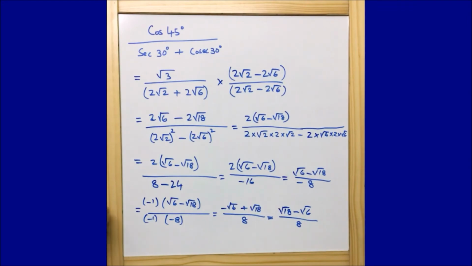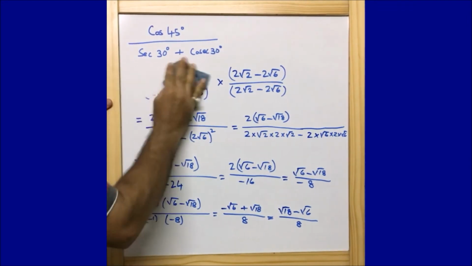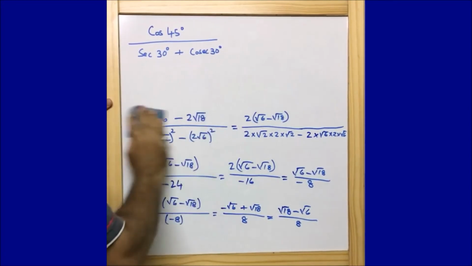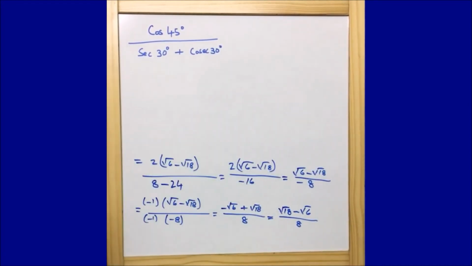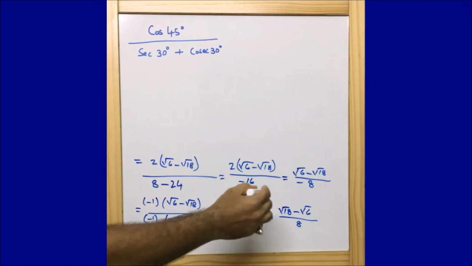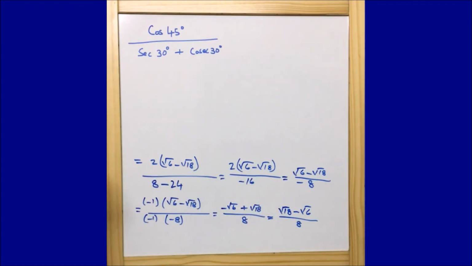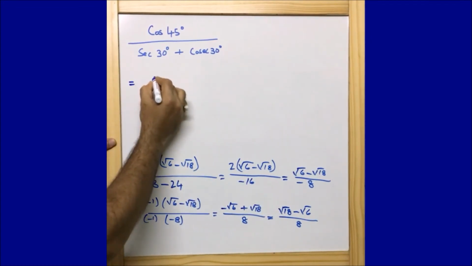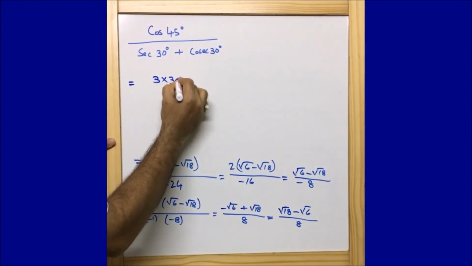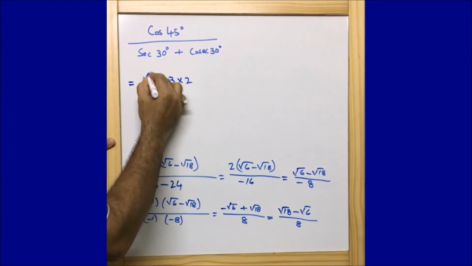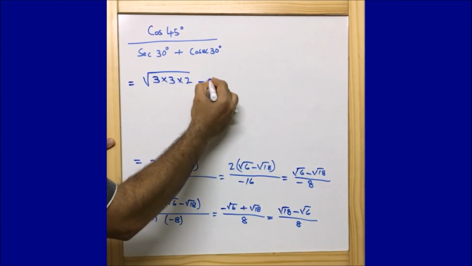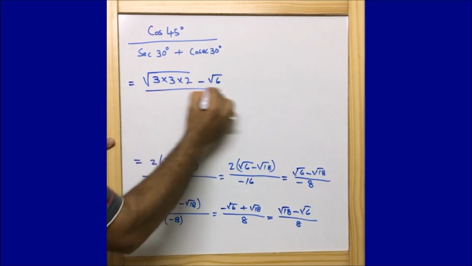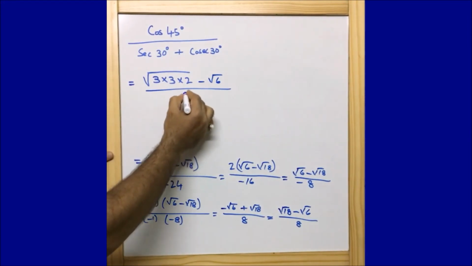Now guys, just one or two more steps, nothing more than that. You could see that it is root 18. Root 18 is nothing but I can write as 3 into 3 into 2. 3 3s are 9, 9 2s are 18, minus root 6 upon 8.